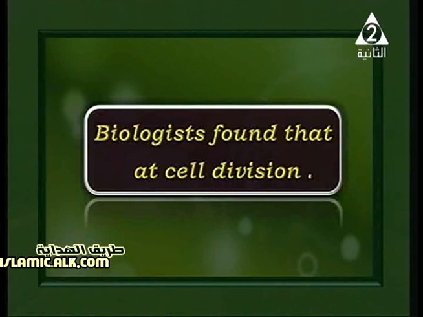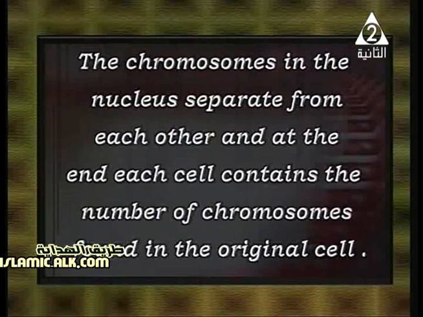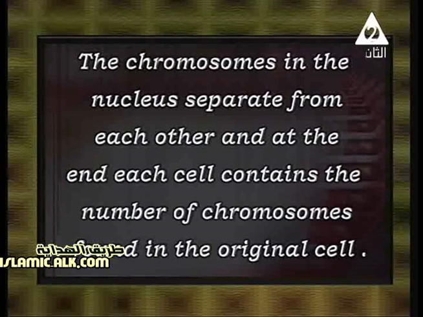Starting with the biologists, the scientists of biology, they found that each cell starts to divide, and after that, the chromosomes inside the nucleus. Let me remind you that any cell consists of two main parts, the nucleus, which is the manager, as we call it, or the main part inside the cell, and this nucleus is surrounded by cytoplasm, a liquid which contains all the organelles, each of which has its own functions.